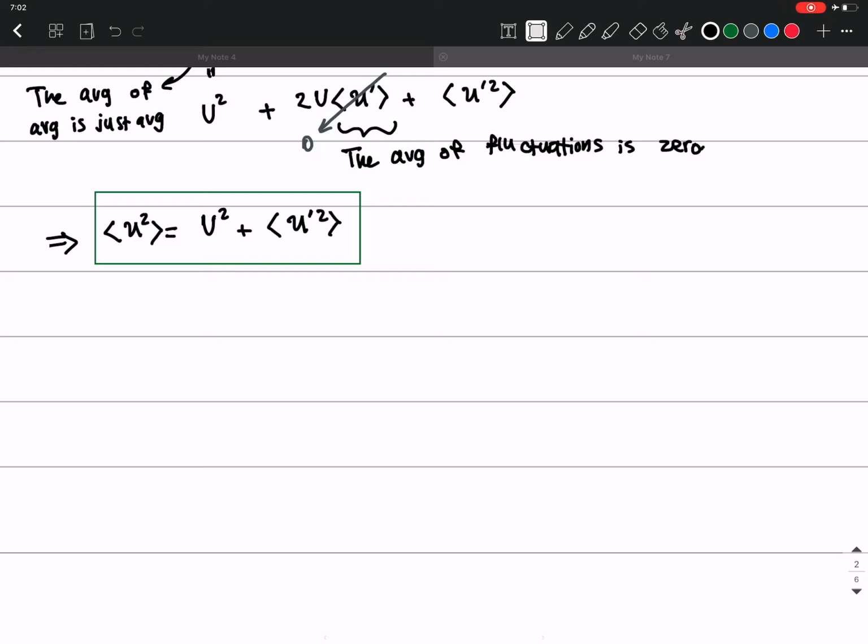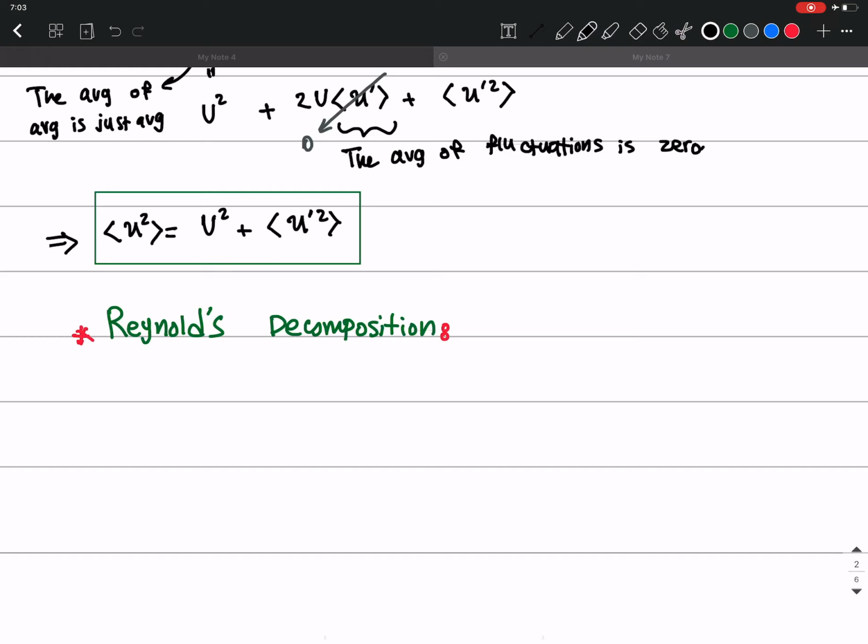So now, based on these definitions, I define the Reynolds decomposition. The Reynolds decomposition uses a similar concept. In the Reynolds decomposition, we decompose every signal into a mean part and its fluctuating part.